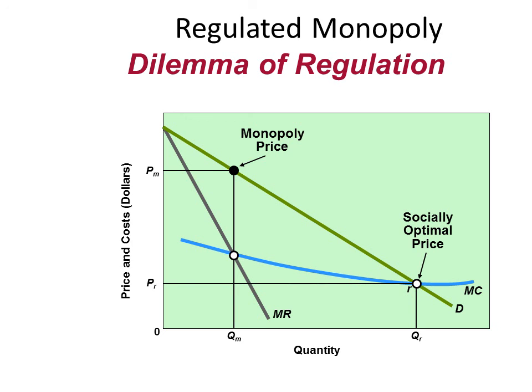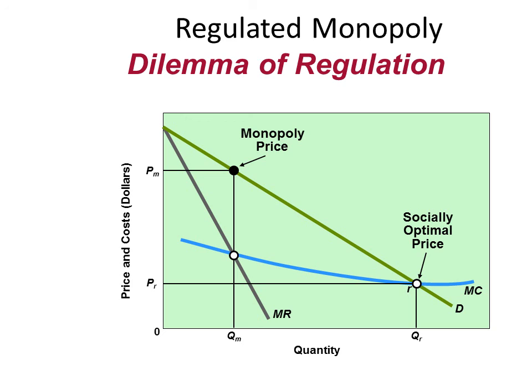Perhaps the government should step in and regulate the industry. If the government regulates the industry, they would force the monopolist, the single seller in producing a product for which there's significant demand and no close substitutes, to charge a price lower than a non-regulated or an unregulated monopoly situation.